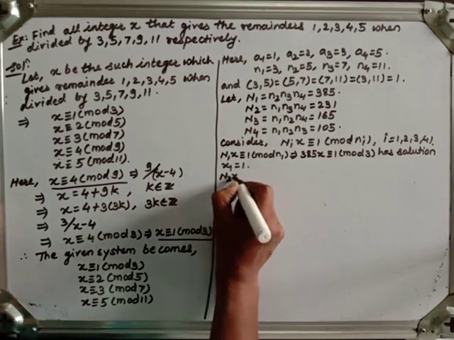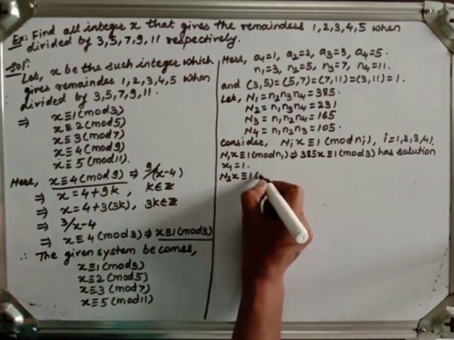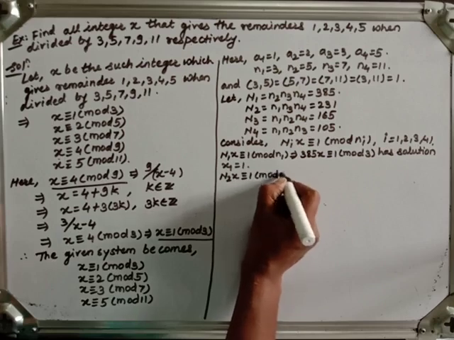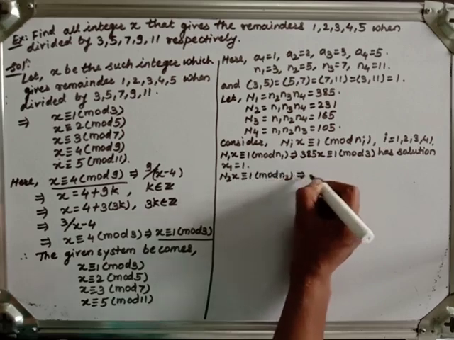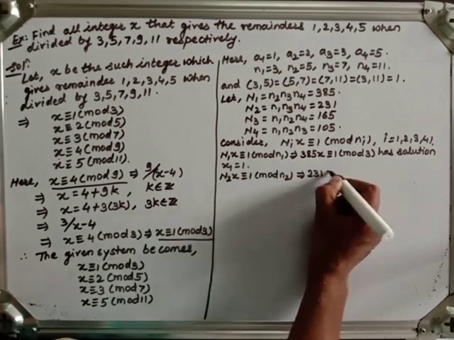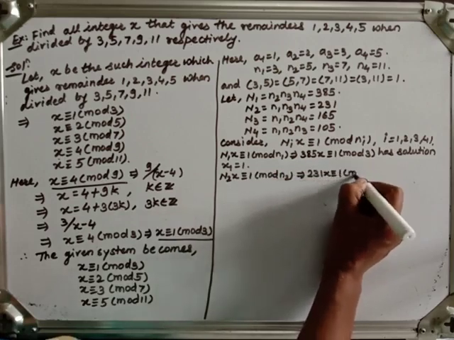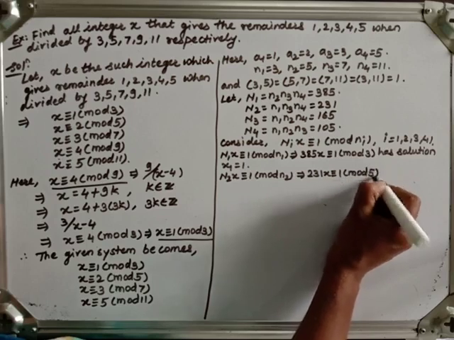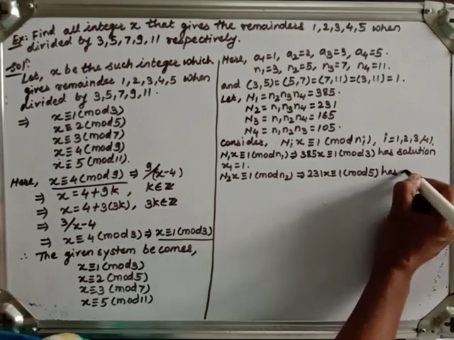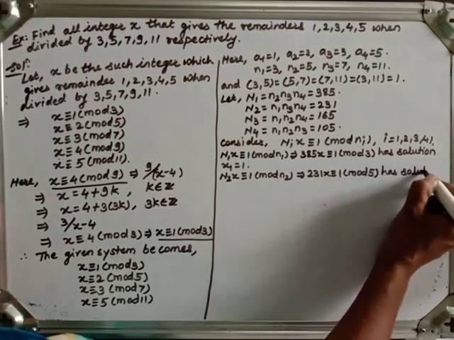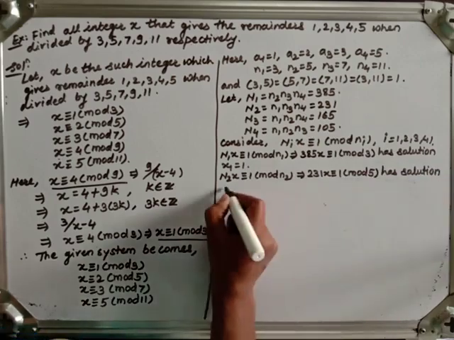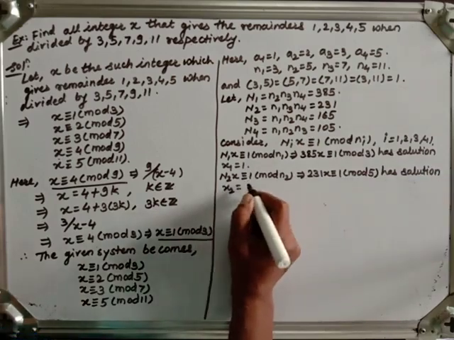Again N2 x congruent to 1 modulo n2 gives 231x congruent to 1 modulo 5 has a solution x2 equal to 1.